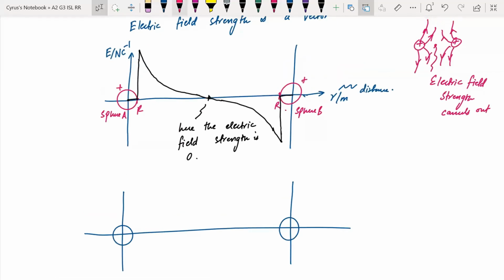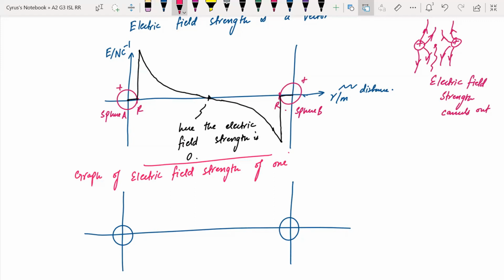So these are, I'm going to write here, the graph of electric field strength of one positive charge and the other negative charge. These are two opposite charges, right? And let's say this is the radius r. This is also the radius which we have as r, right? And this is the distance. This distance is r. And this is the electric field strength.